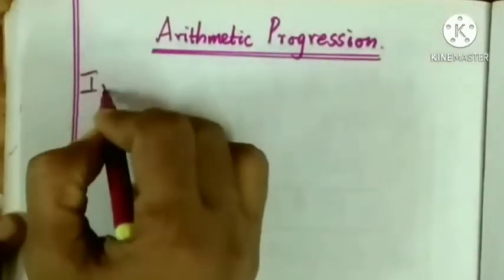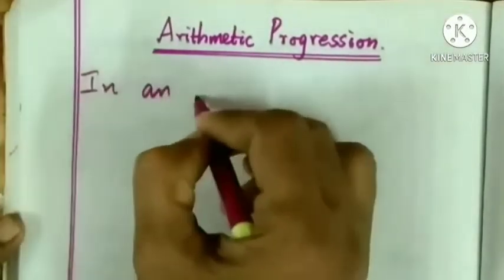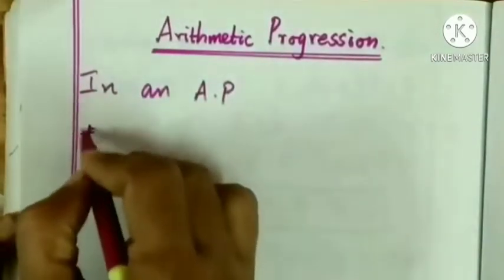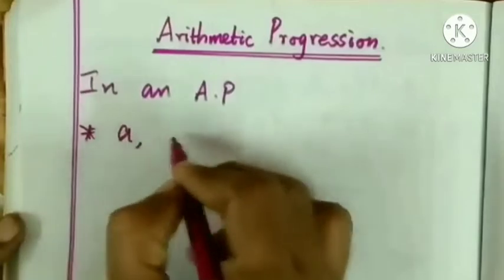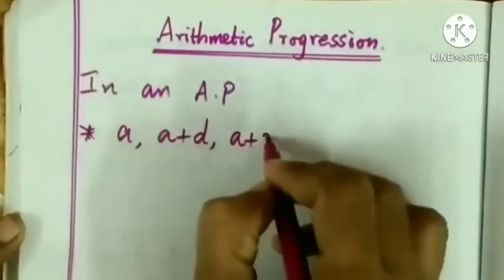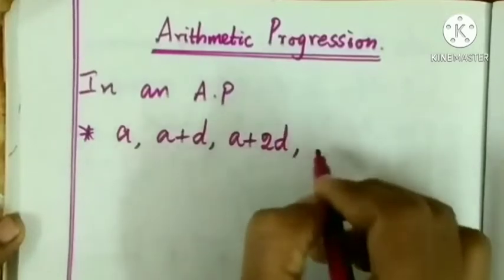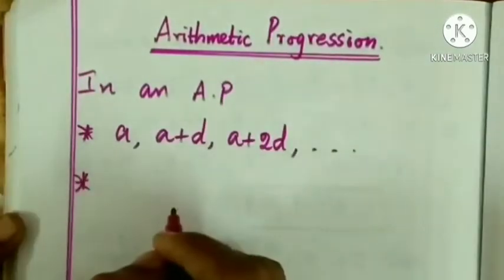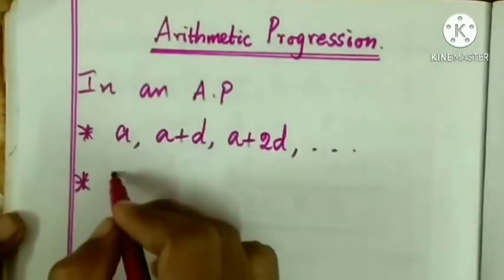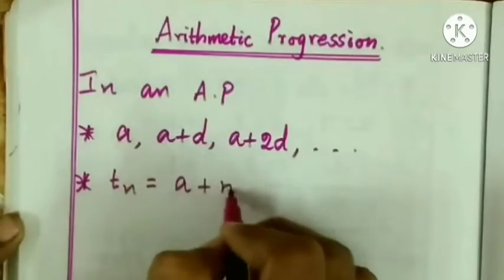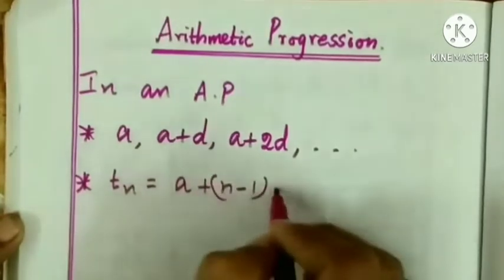In an AP, the general form is a, a plus d, a plus 2d and so on. Next we see the nth term of an AP is Tn is equal to a plus n minus 1 into d.